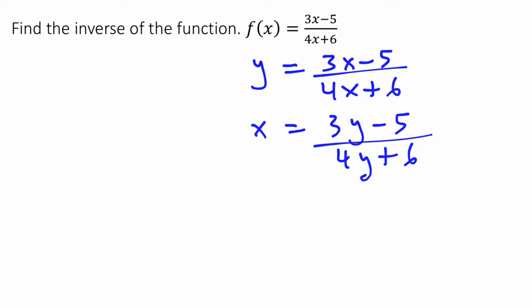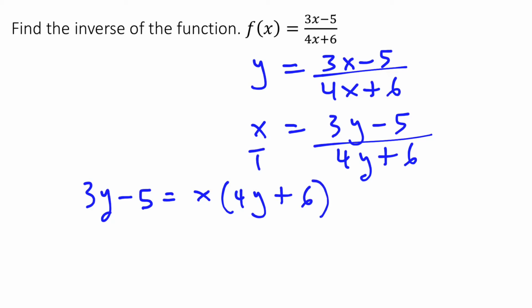So let's get this all into one level. Let's say 1 times (3y minus 5), which is 3y minus 5, is equal to x times (4y plus 6). So in essence, I cross multiply. So it's all on one level.